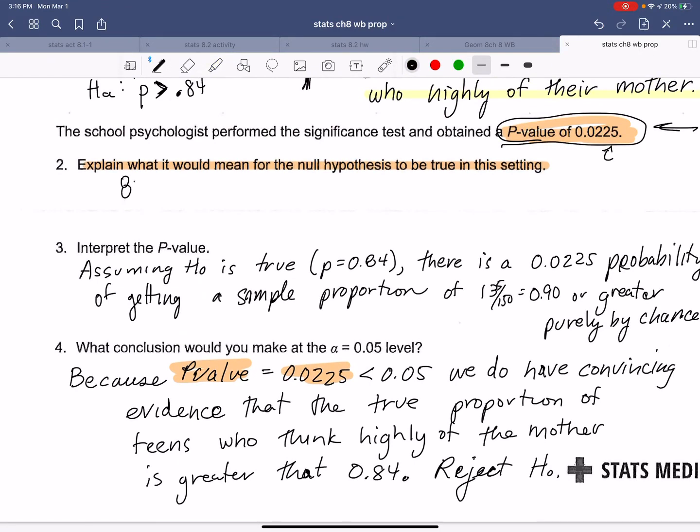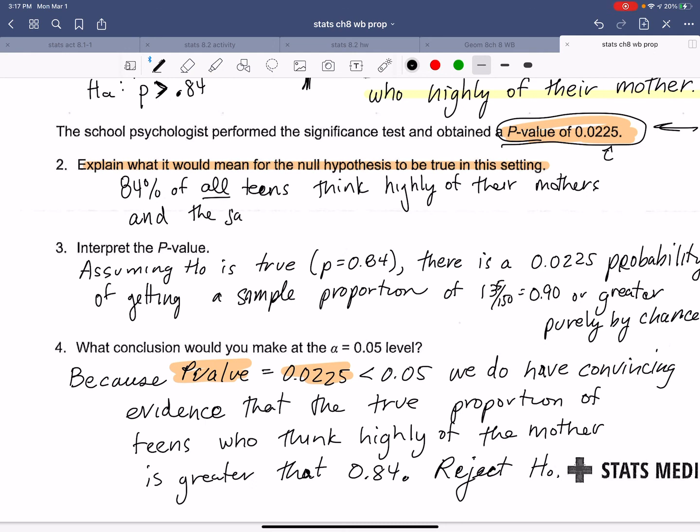That's essentially saying that 84% of all teens think highly of their mothers, and the sample proportion of 0.90 happened purely by chance. This is exactly what happened multiple times today because we literally simulated it based on that. So it happened purely by chance.